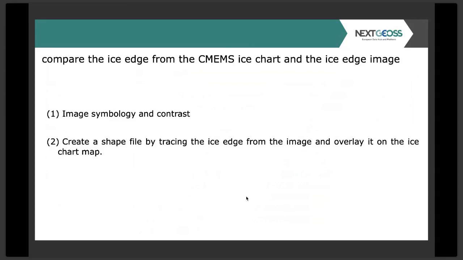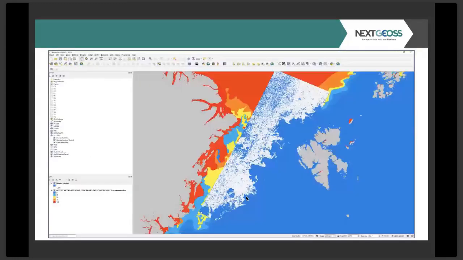So what I will do here is draw a line on top of the images and compare the line with the chart underneath. So let us go to the image contrast between. Now we just gave the water the same color as the water in the ice chart.